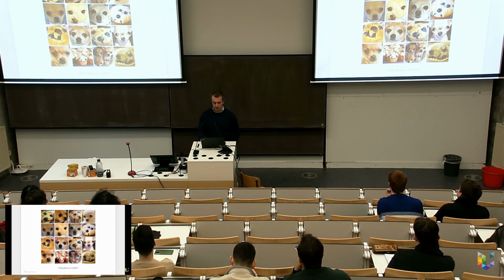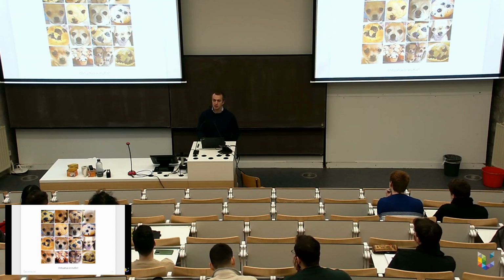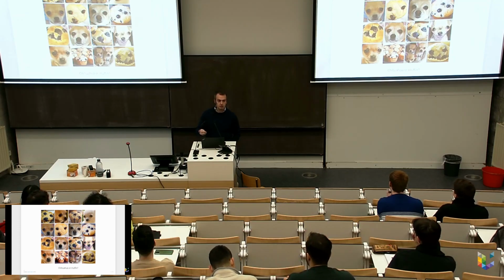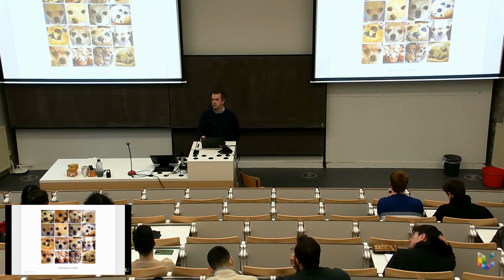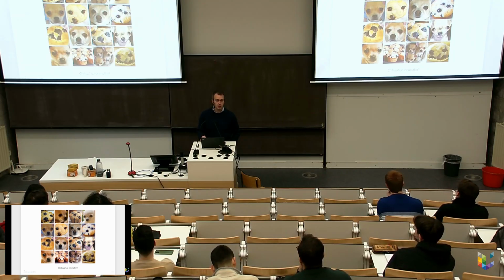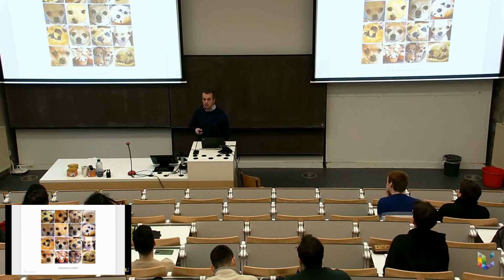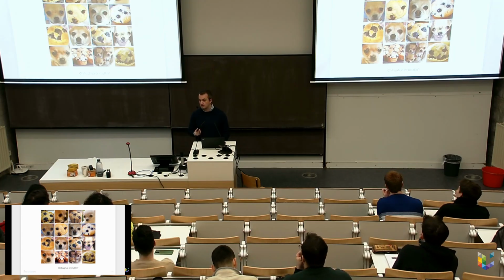But the important question you should ask yourself is, if you want to implement this in a computer, if you want to make a computer see, you should be able to describe that so precisely that you can write a program which would be able to tell the difference between a chihuahua and a muffin. Would you be able to describe that so precisely that you can write this program? How do you do that?